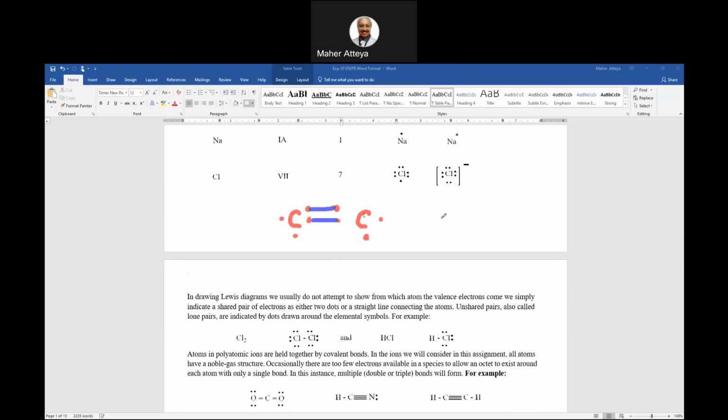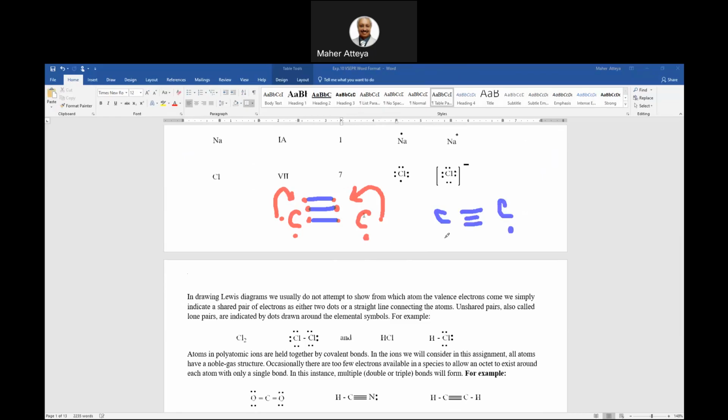Now, can I make a triple bond out of this? Yes. I can move this one up to here, move the other one up to here, and they will be looking one here, one here. So the bond will be looking like this, a triple bond.